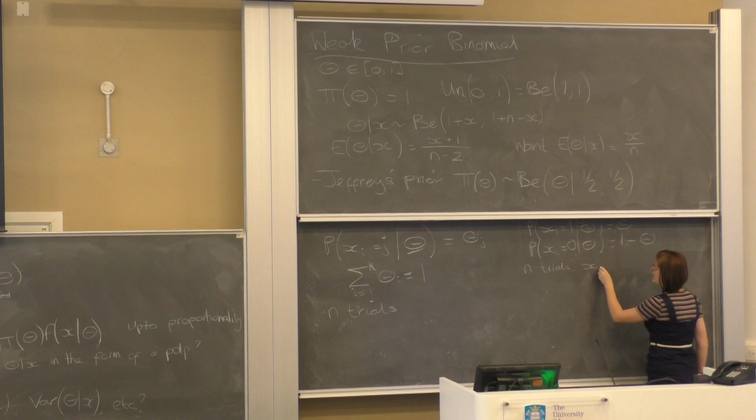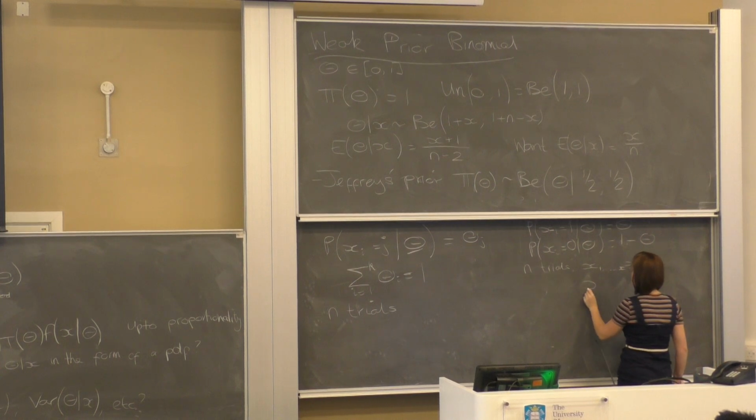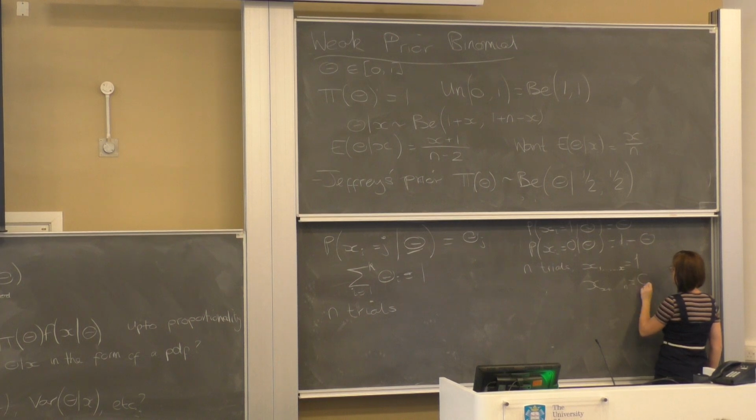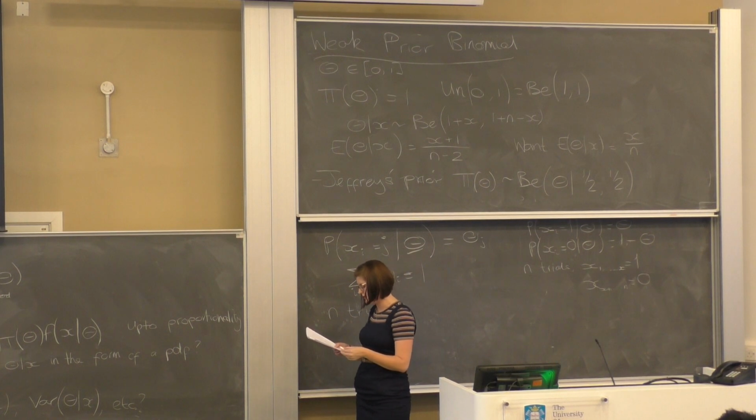So if we say that x1 to x is equal to 1, and then all the rest of our trials were failures, so they were 0.